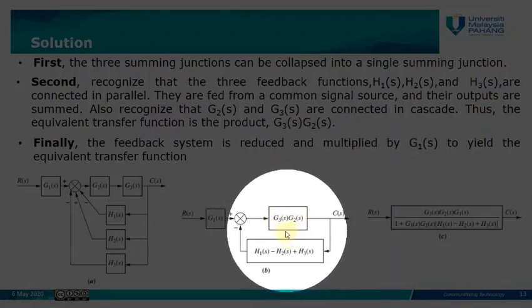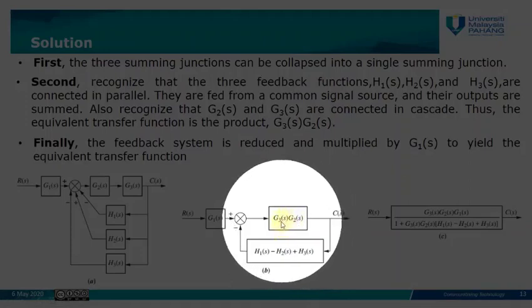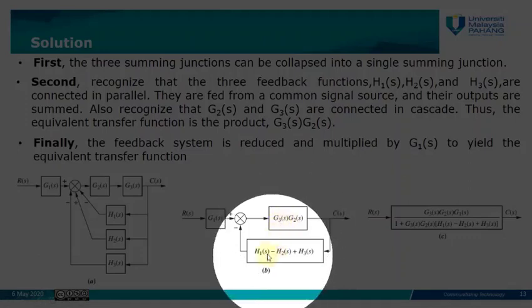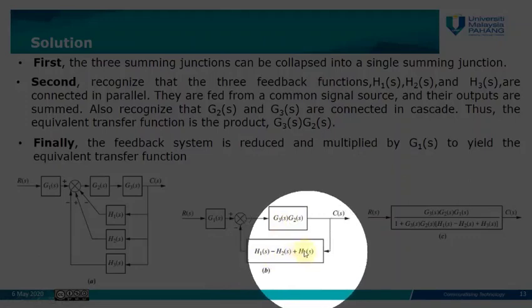Since this is negative feedback, as we said before, the equivalent transfer function will equal G(s) over 1 plus G(s)H(s). But in this case, G(s) is equal to G3 G2 and H(s) is equal to H1 minus H2 plus H3.